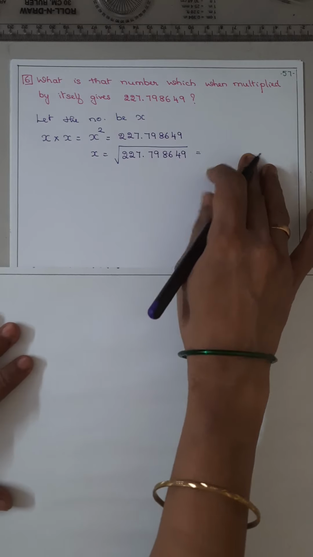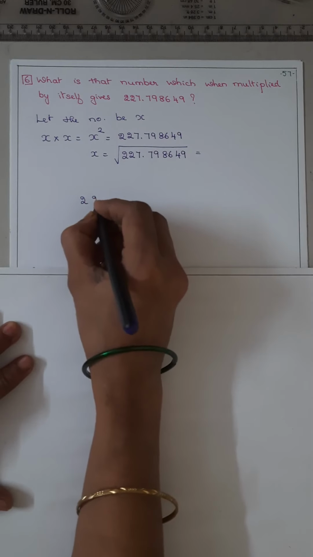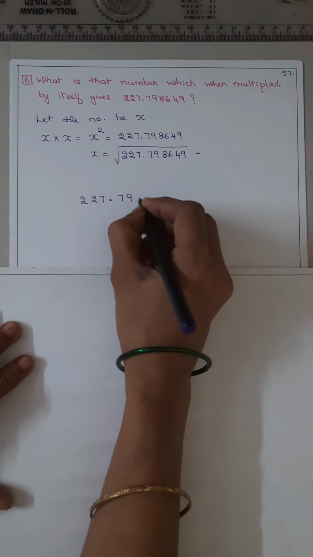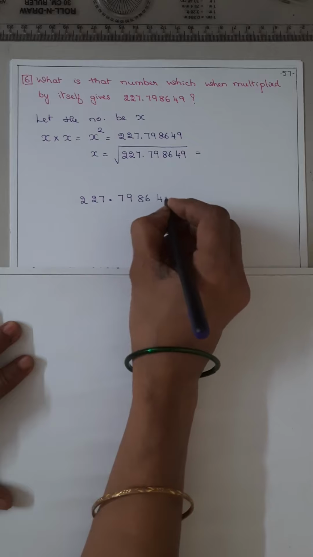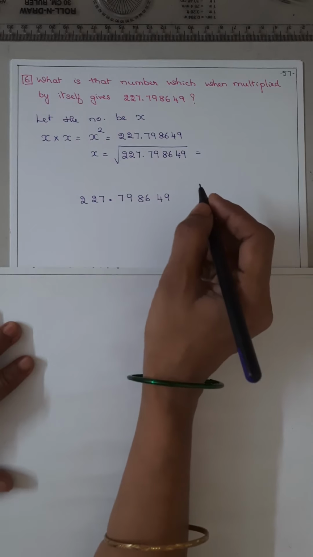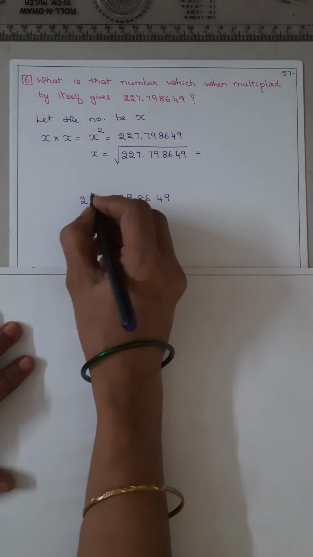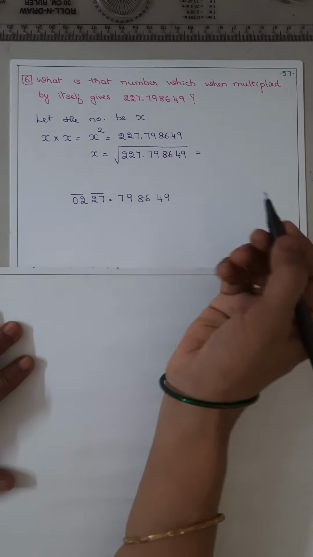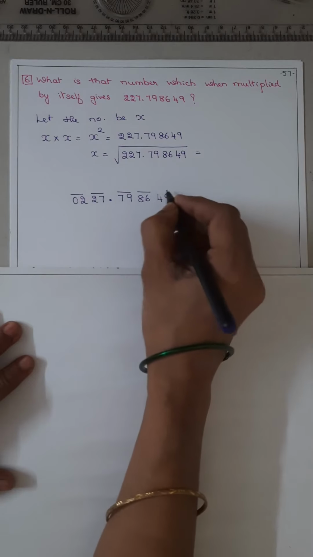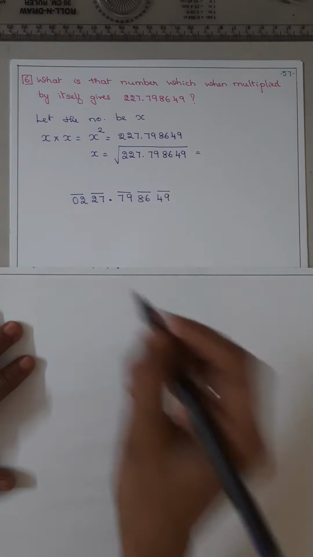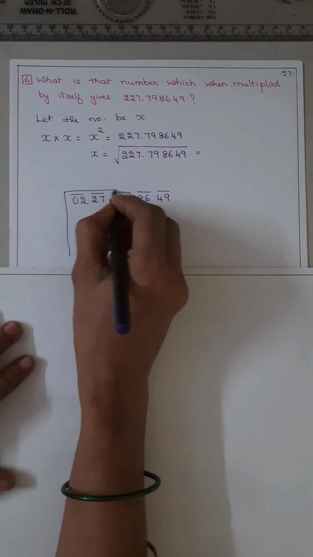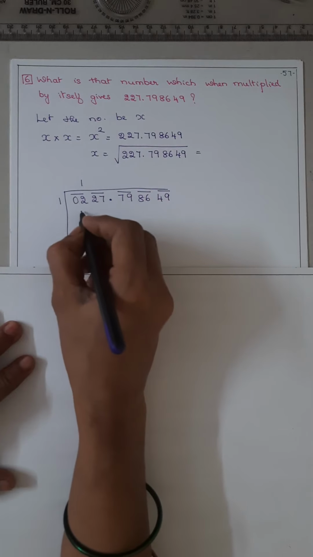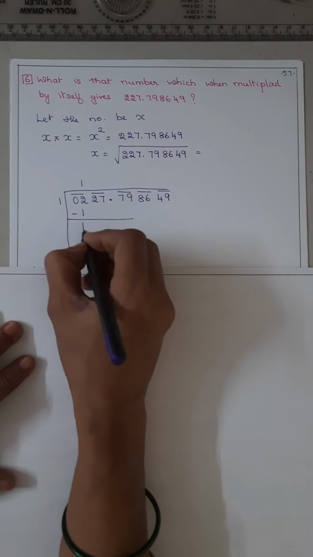Okay, so 227.798649. The whole number side from right to left, so 27 and 2. On the decimal side, 79, 86, 49. Okay, now put the lines. It is 2, means 1. 1 ones are 1. 2 minus 1 is 1.